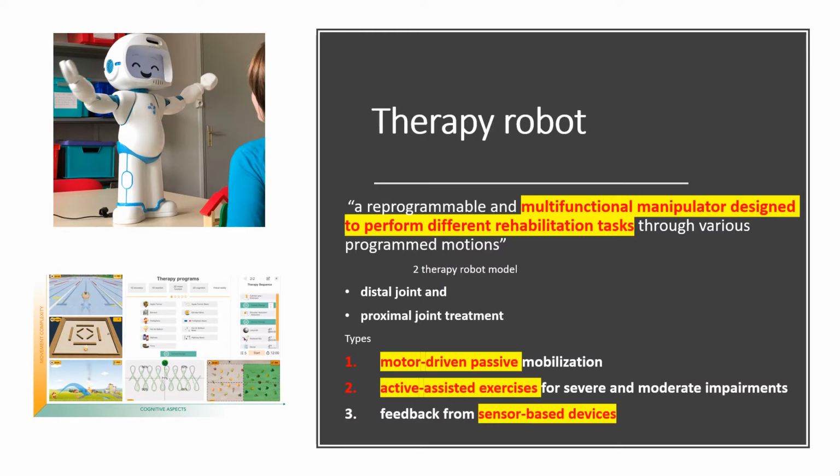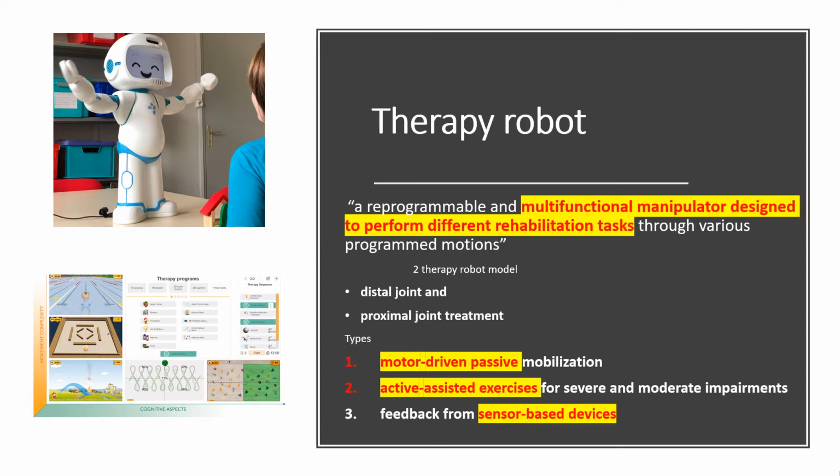So what is a therapy robot? A therapy robot is a device that is reprogrammable, and it's got multiple functions that are designed to perform different tasks, usually motor tasks, through various programmed motion. So grasping and gripping are the tasks that a therapy robot would help assist with, and by repetition provide intervention.